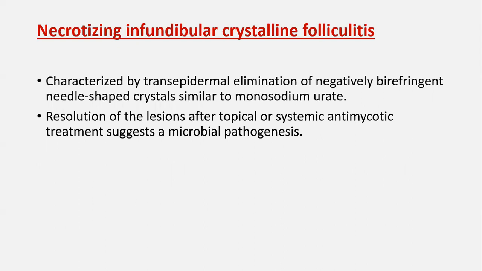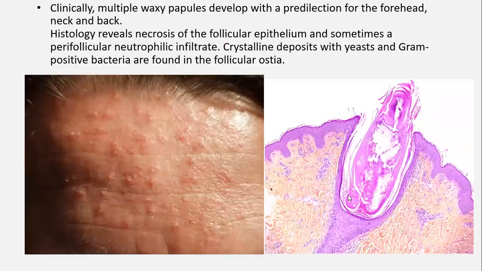Then there is a term called necrotizing infundibular crystalline folliculitis. This is characterized by transepidermal elimination of negatively birefringent, needle-shaped crystals similar to monosodium urate. Resolution of the lesion after topical or systemic antimycotic treatment suggests a microbial pathogenesis.